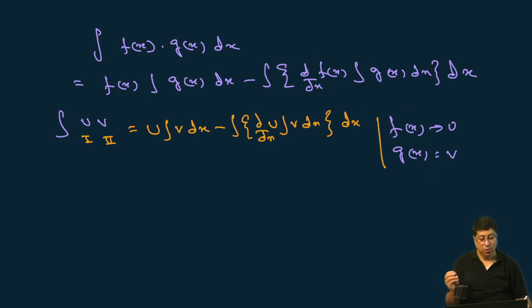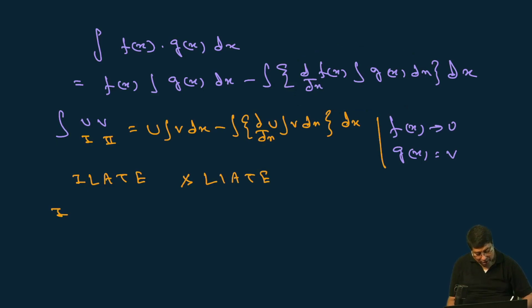In this rule, we can say that this is governed by ILATE, and some books write LIATE. Okay, both are valid. In ILATE, I means inverse function, that is sine inverse x, cos inverse x, this type of.